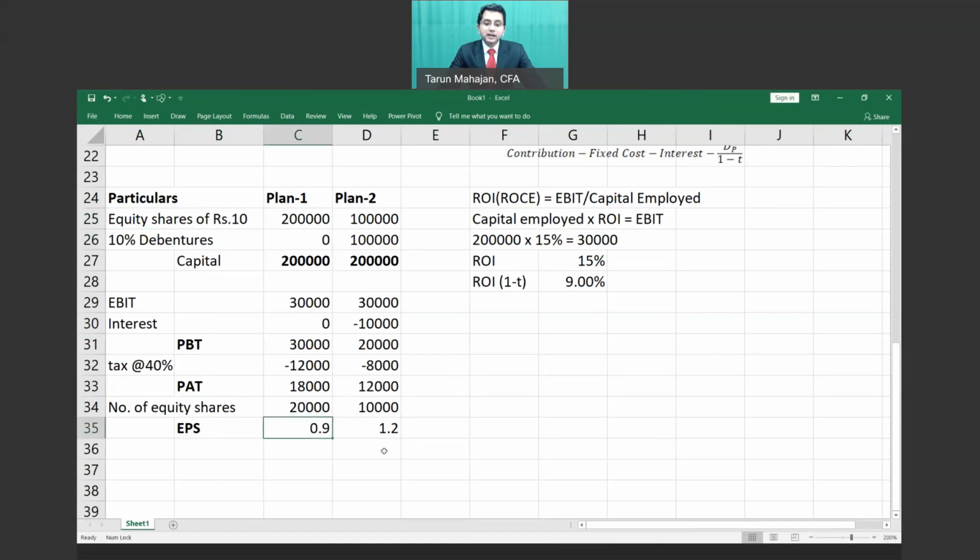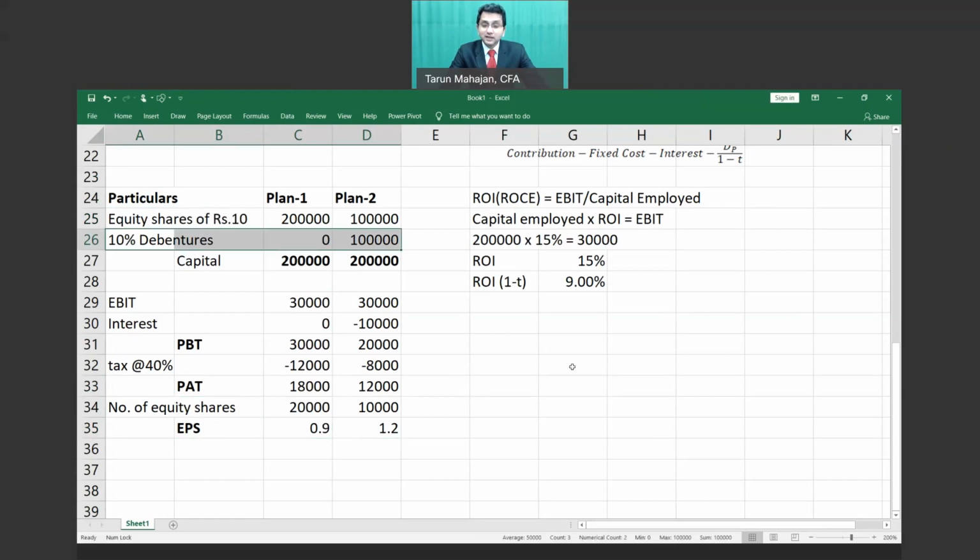But in this case, you're getting 1.2 as EPS. You know why? Look, on this 10% debenture of 1 lakh rupees, you have promised to pay interest at the rate of 10%.